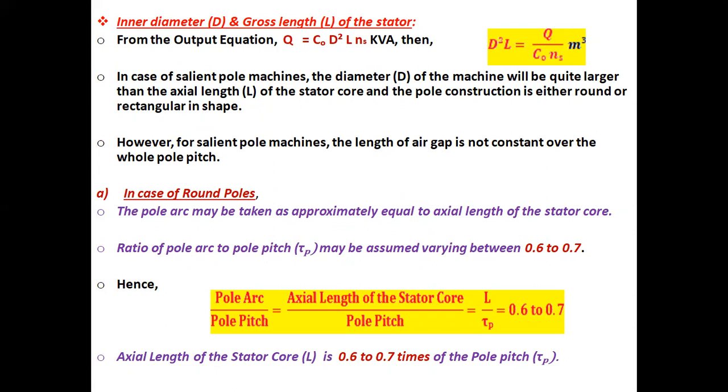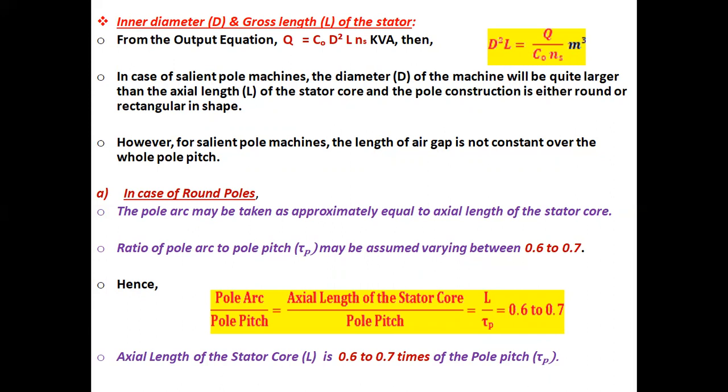In case of salient pole machines, the diameter D of the machine will be quite larger than the axial length of the stator core, and the pole construction is either round or rectangular in shape. However, for salient pole machines, the length of the air gap is not constant over the whole pole pitch.